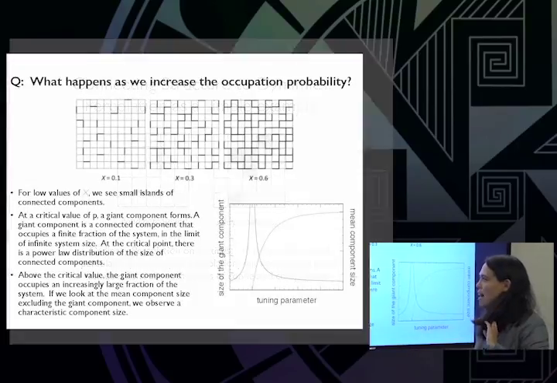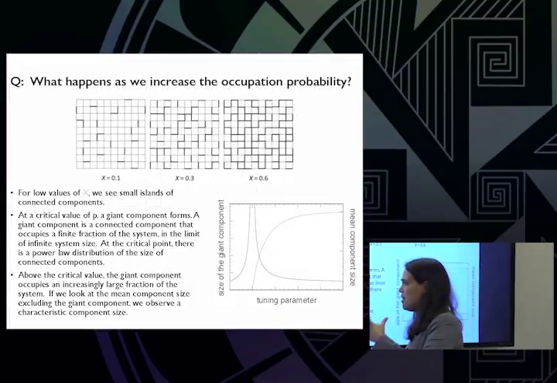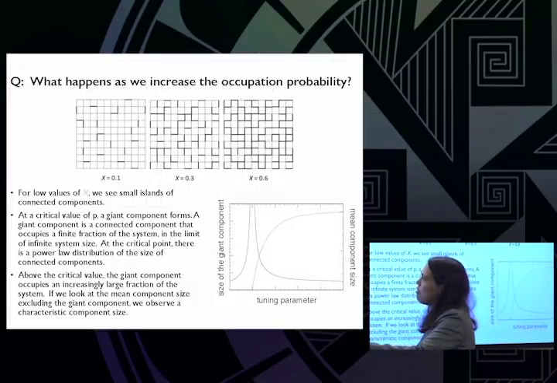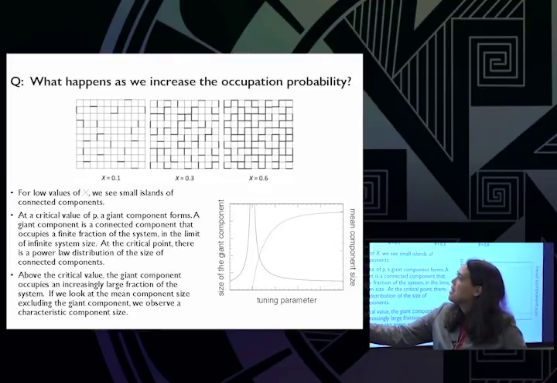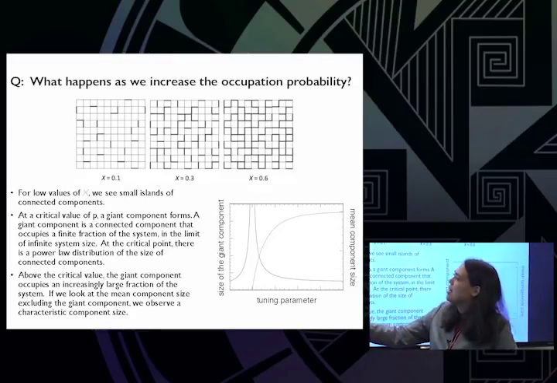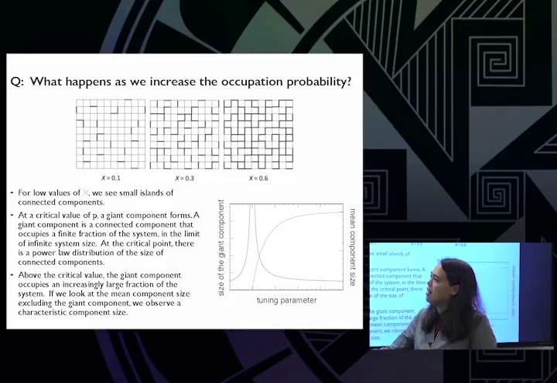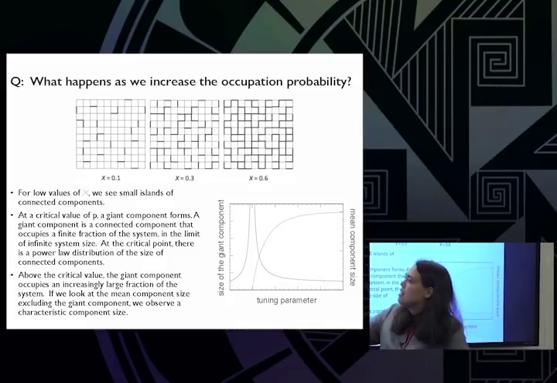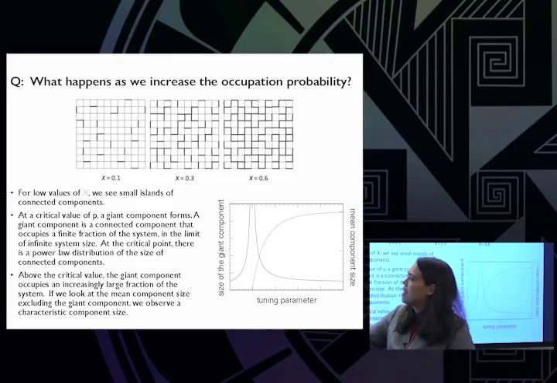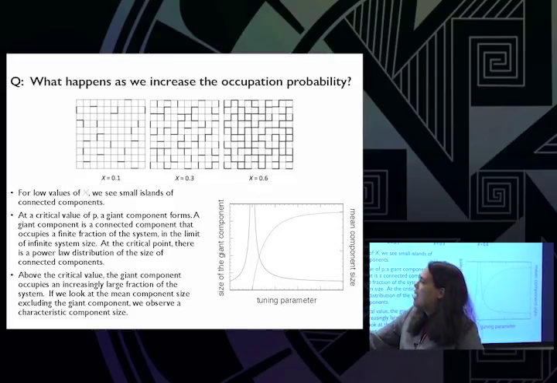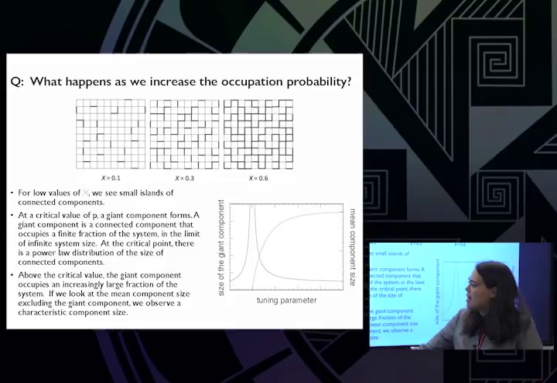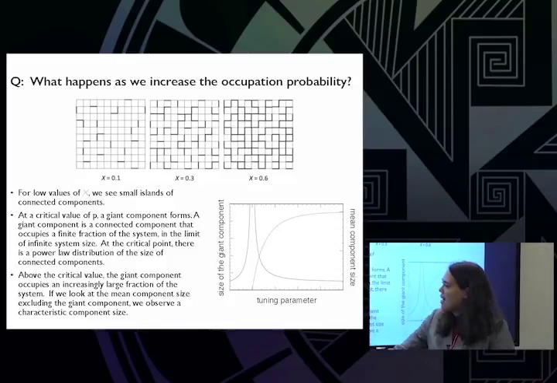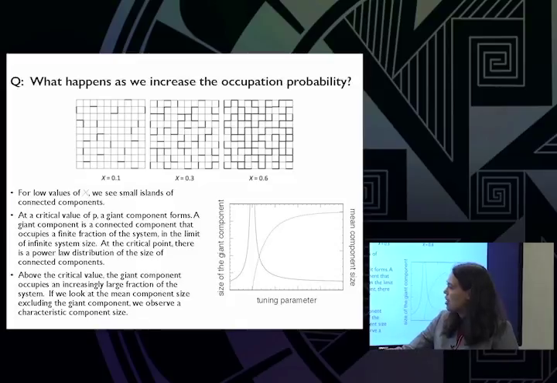So I'll talk a little bit more about this, but let's think about this percolation problem on the grid. So what happens as we increase this probability of filling in these bonds? For low values of this probability, we see small islands of connected components. And as I increase that tuning parameter, x, I get larger and larger values of these.